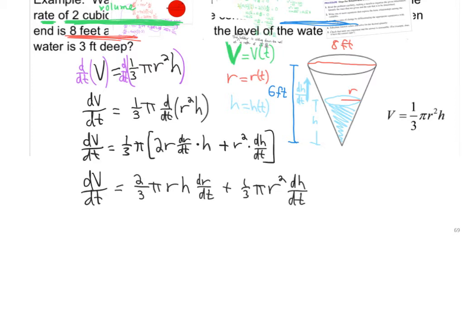Looks complicated, but we have a lot of what we need. We just have to plug it in. Okay. All right, so let's figure out what we know and what needs to go where.